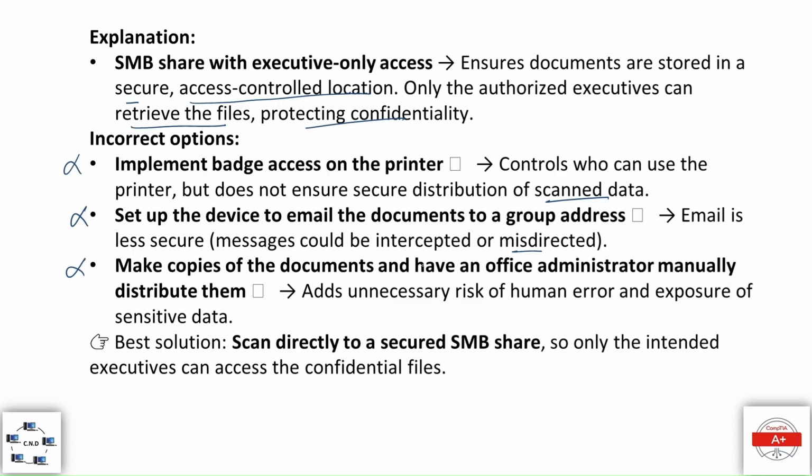Make copies of the documents and have an office administrator manually distribute them. So this adds unnecessary risk of human error and exposure of sensitive data. So the best solution is to scan directly to a secured SMB share, so only the intended executives can access the confidential files.